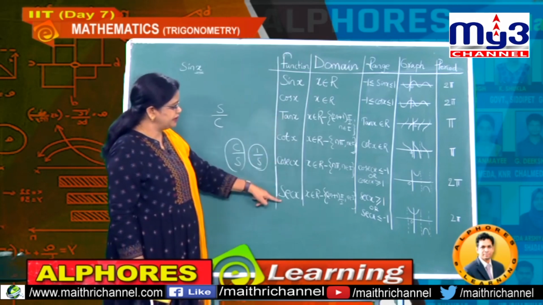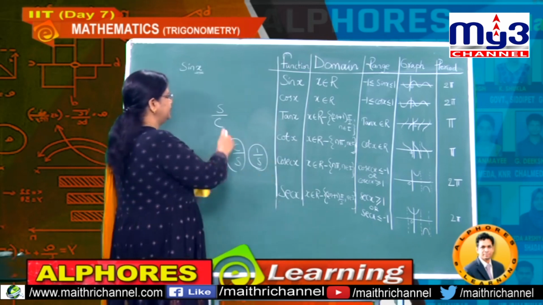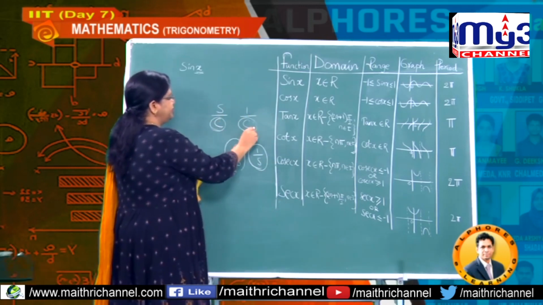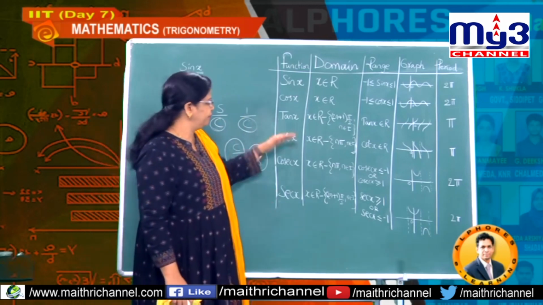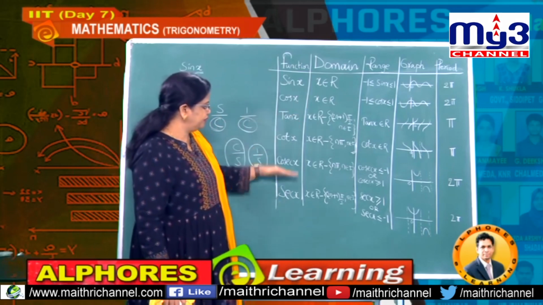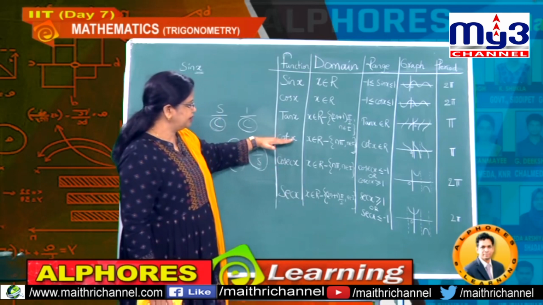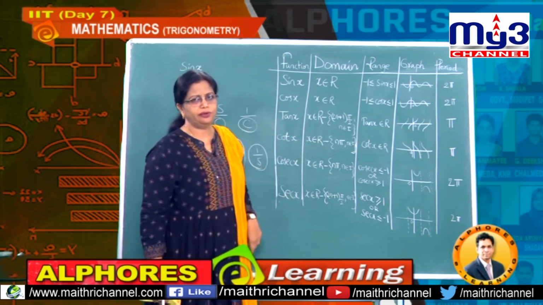Both have the same denominator, that is cos x. In the denominator, this is tan and this one is secant. So, this value shouldn't be 0. So cos x is not equal to 0 here and here, which is why these two have the same domain. Sin x not equal to 0 in the denominator, hence these two have the same domain.